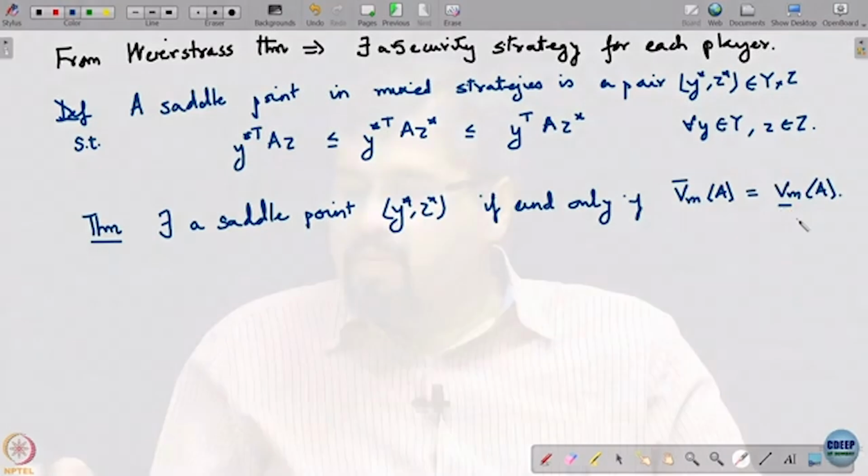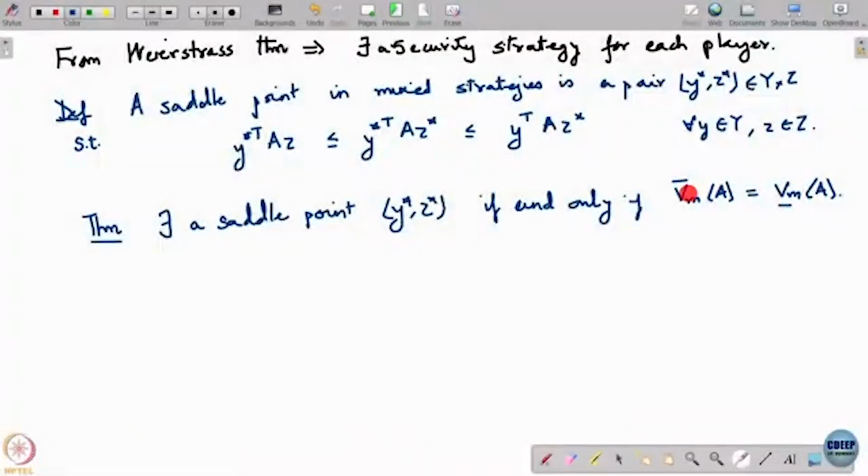So the crux of the matter now is that we have come to exactly the same juncture that we had earlier, except that we are now in a different space. Earlier we were talking of pure strategies, we are now talking of mixed strategies, with security levels and security strategies all defined in terms of mixed strategies.